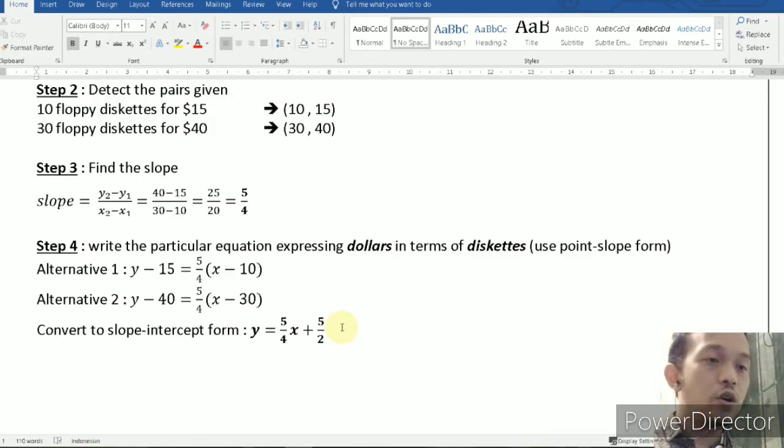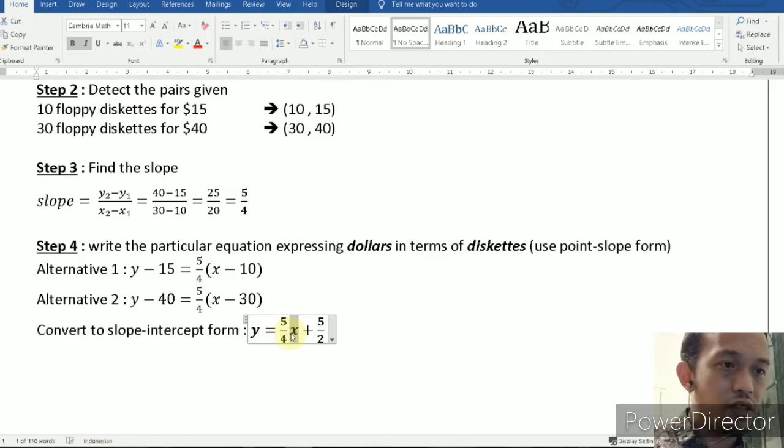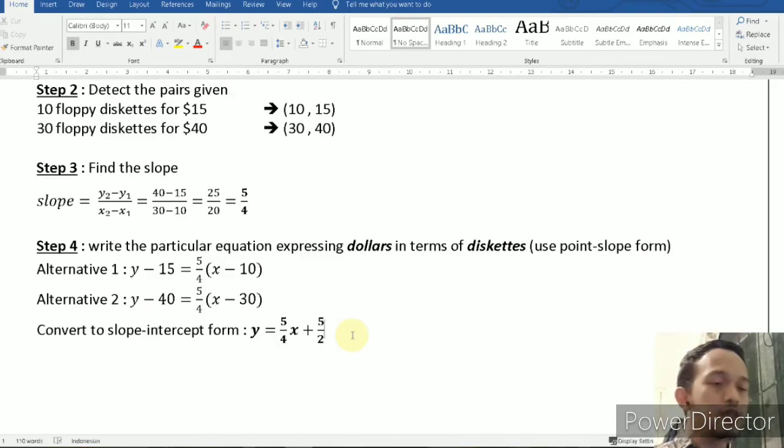Now we know this is the model, the function, the relation showing the relationship between x, the number of floppy disks being sold, and the total money they earn. For example, if I sell one floppy disk, I earn 5/4 plus 5/2 dollars.